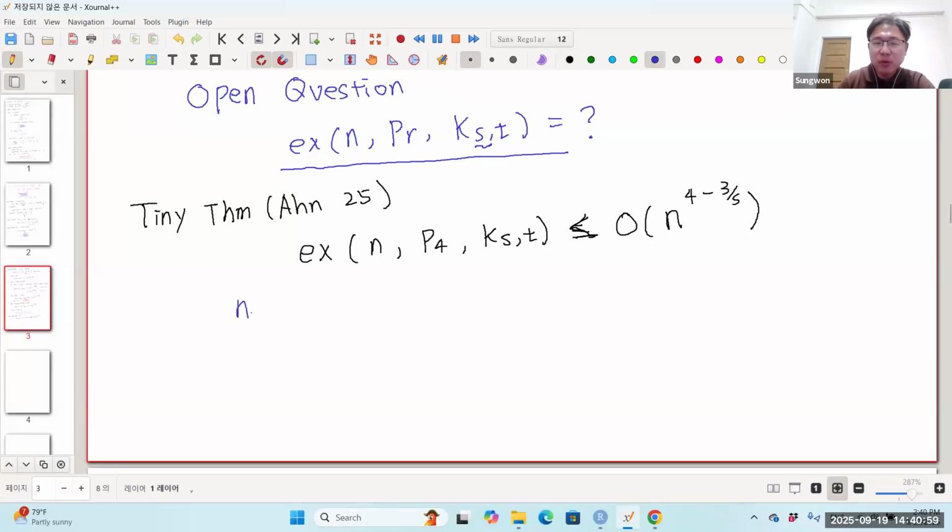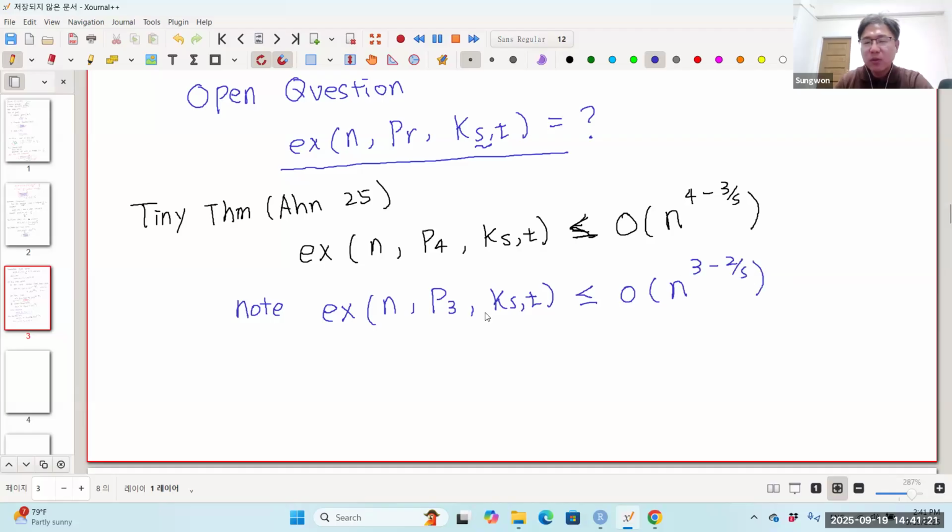So here's some note. It's easy to prove that the extremal number of P3 when K_S,T is forbidden is less than or equal to order of N to the 3 minus 2 over S. So this is very easily proved, and I extended the knowledge to prove the P4 case.